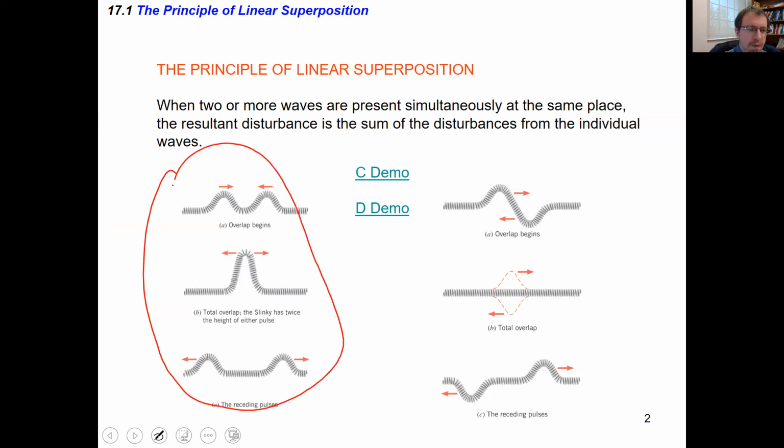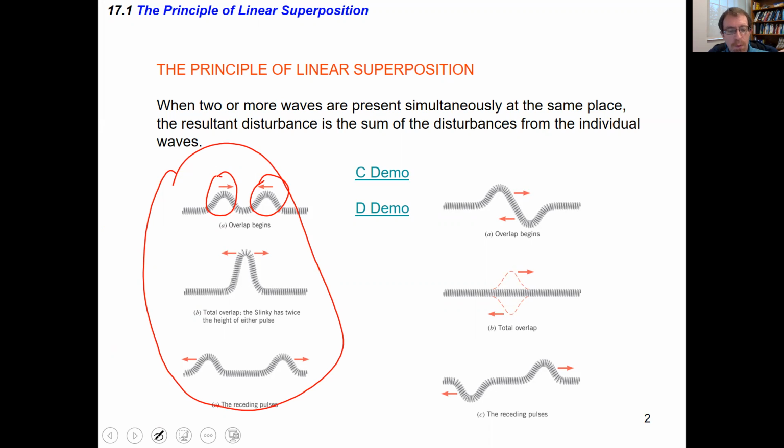There we go. And we can see what happens when we've got a wave traveling to the left and a wave traveling to the right, and they're both on the positive side of the spring, on the same side of the spring. What happens when they meet in the middle? Well, when they meet in the middle, they are going to add together. And so we're going to get one really big disturbance.